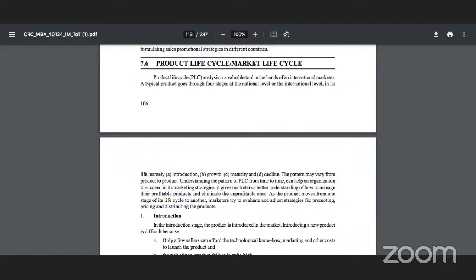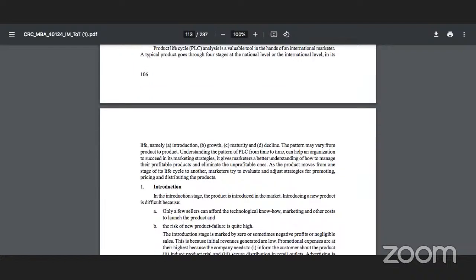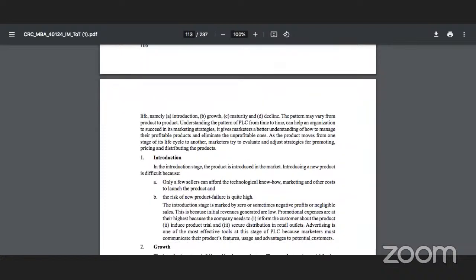The product life cycle consists of stages like introduction, growth, maturity, and decline. The pattern may vary from product to product. Understanding the pattern of PLC makes it easy to organize information to succeed in marketing strategy.